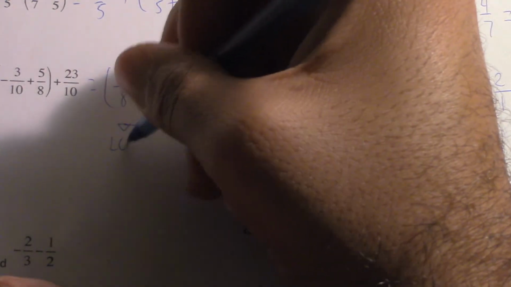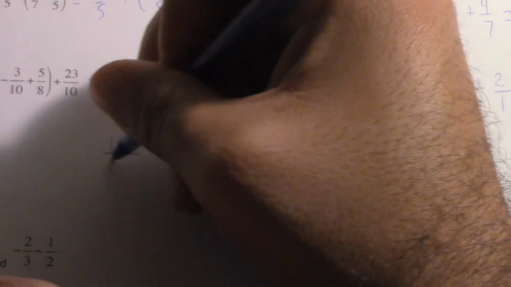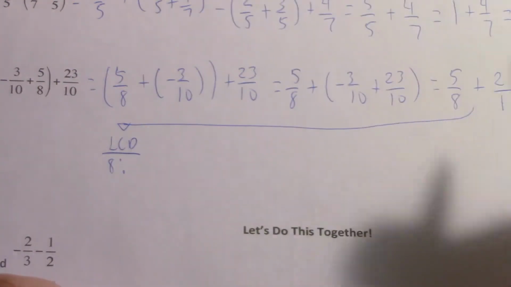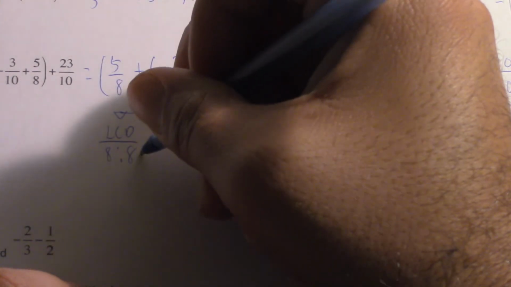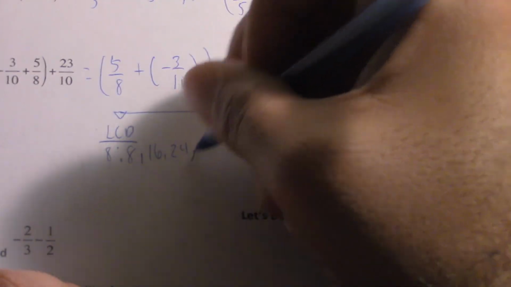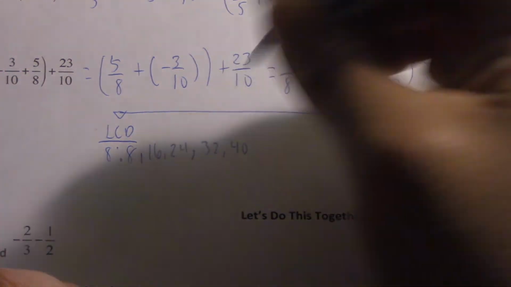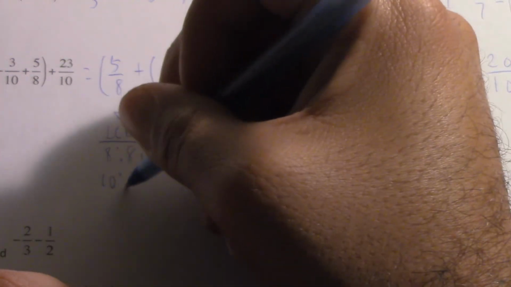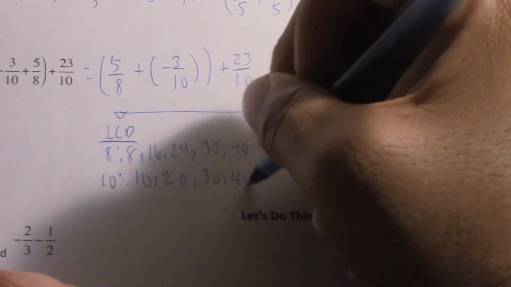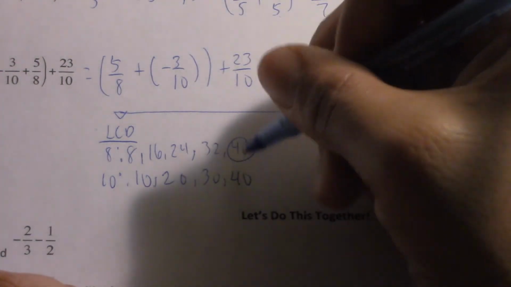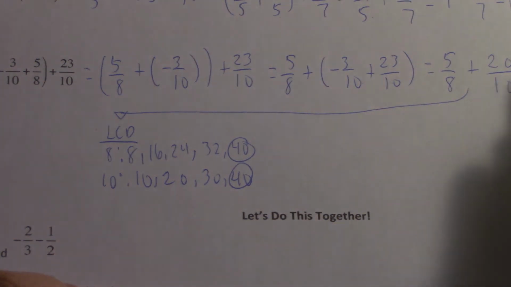So here's my LCD. Multiples of 8 include 8, 16, 24, 32, and let's say 40. Multiples of 10 include 10, 20, 30, and 40. So let's say 40 is our least common denominator.